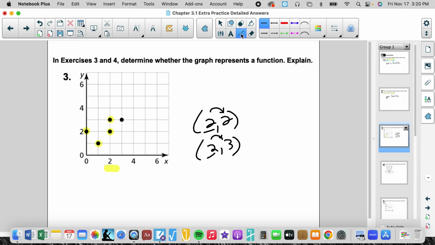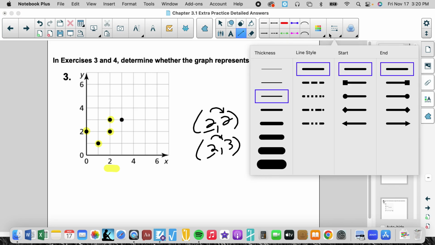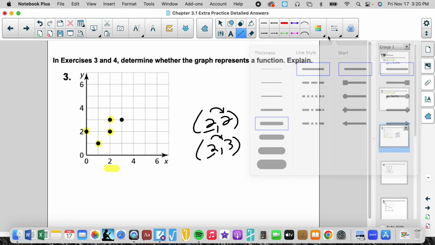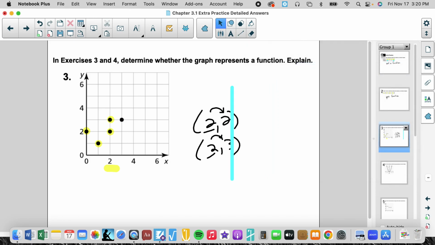You could also take a vertical line. Let's make it a color, a little bit bigger, and create a vertical line. If we take this vertical line, we see there's one point. Hold on, there are 2 points that go through that.